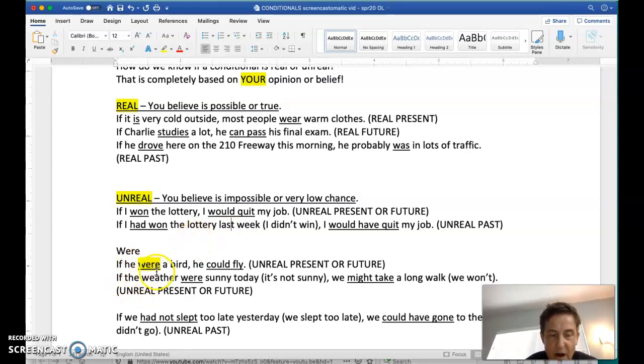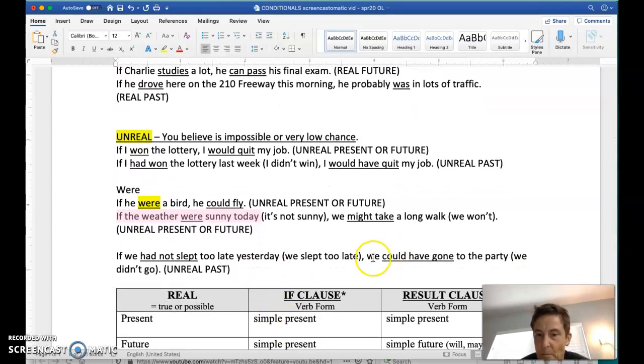And if I were a bird, or if he were a bird, unreal. In the results clause, we could have gone to the party.